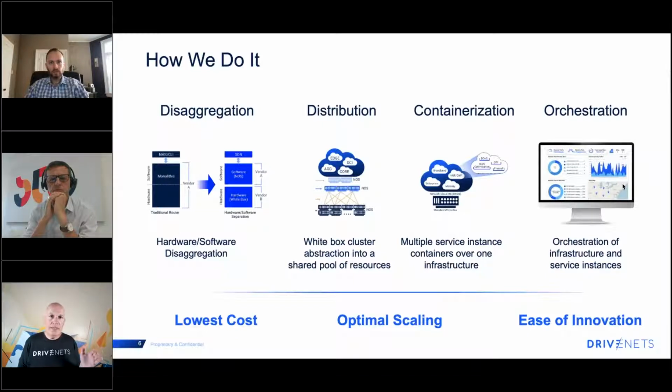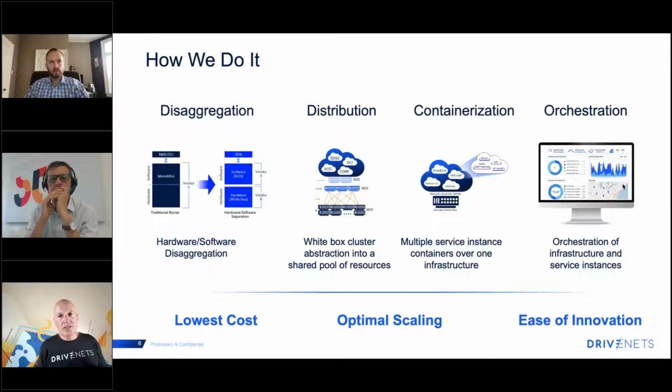So basically we take the basic approach of disaggregation, separate hardware from software, use commercial off-the-shelf hardware, and use software instances that build the network functions on top of it. But more than that, in order to use the basic building blocks, only a few building blocks instead of a very wide variety of hardware types in your network, we do something we call distribution.